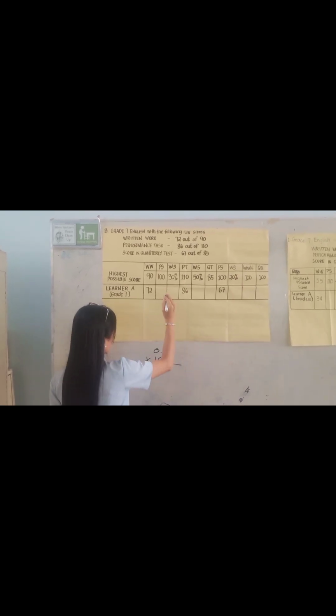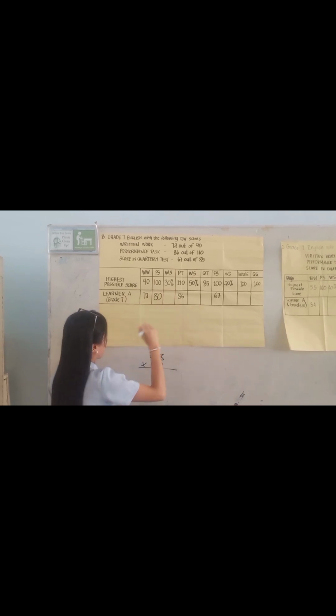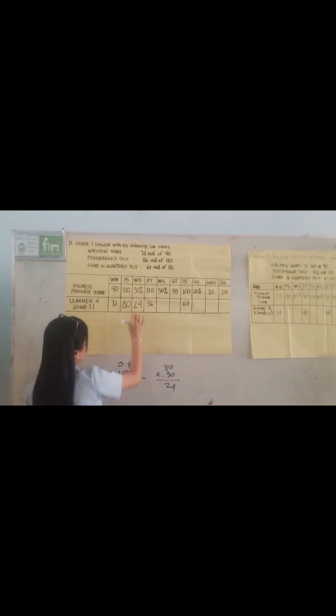So we indicate here that the percentage score is 80. For the weighted score, we're going to multiply by 0.30. So 80 times 0.30 is equal to 24. We indicate here 24 as the weighted score.